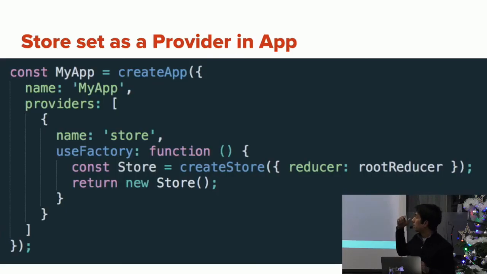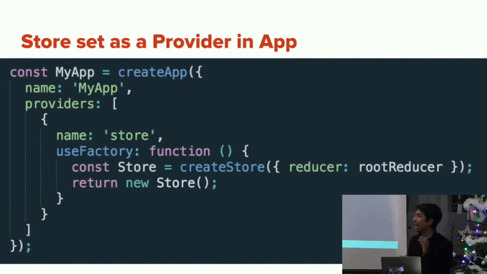So we just define a provider in our app called Store. And there, we use useFactory. useFactory is used when you have to generate a value during app instantiation time, or if you have a known value, in that case, we use useValue. That was used for setting the component, because the component doesn't need to be processed further. In this case, we are creating a store with our root reducer, which is the same as your Redux reducer, and we are instantiating it.